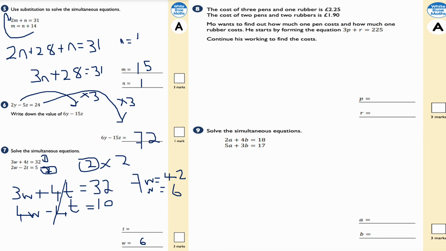Let's sub it into the first equation here because it's a bit easier. 3 lots of 6 is 18, plus 4t is equal to 32. Subtract 18 on both sides, then divide by 4.